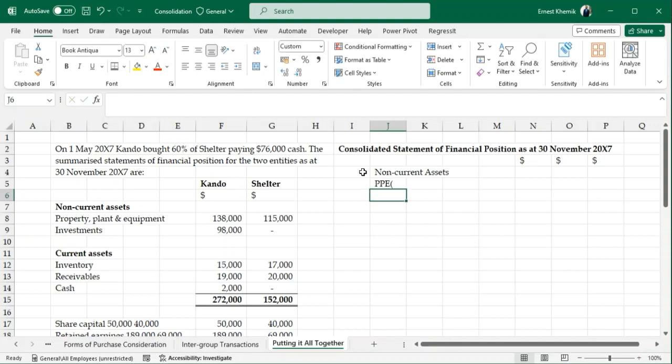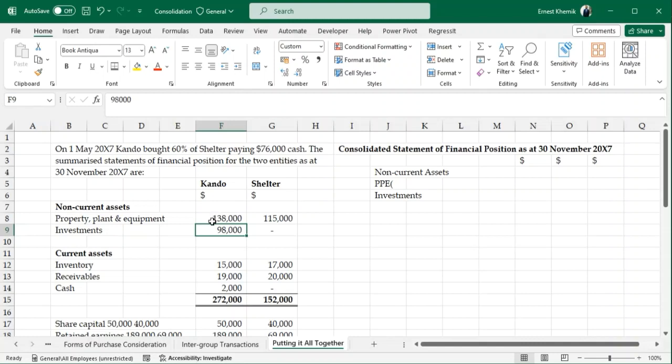Now this particular company has another element called investments. Now in my previous video, you could see that we replaced investments in the subsidiary. This one, the investment is general, and from the start of the question, on May 1st 20x7 it bought 60% of Shelter, paying 76,000 cash. This is the investment in the subsidiary, but we have 98,000 here, so we don't know what else is included in this 98,000.